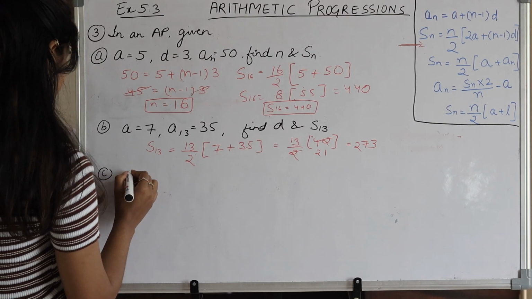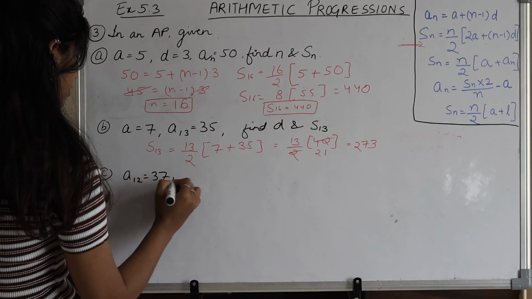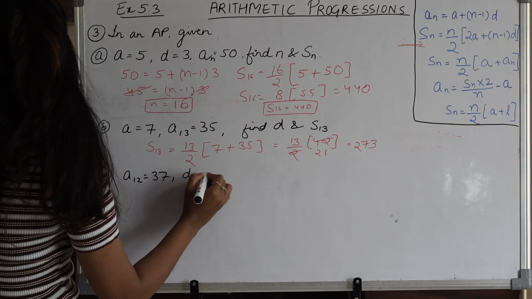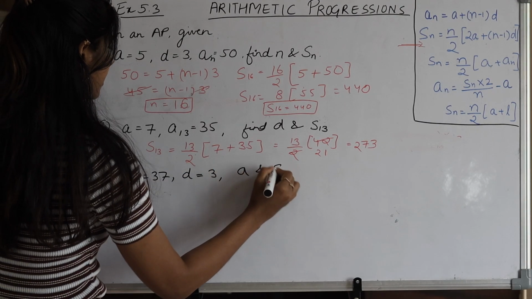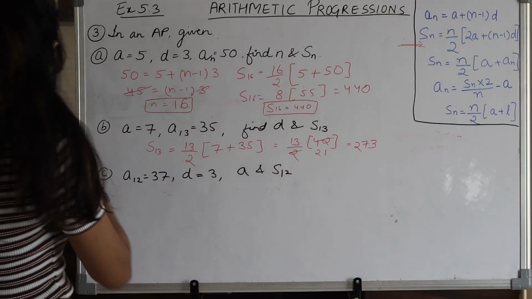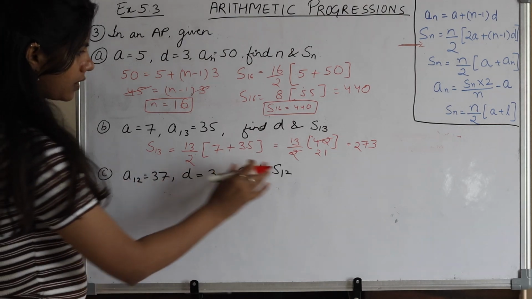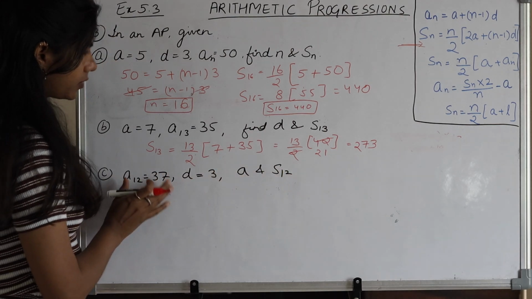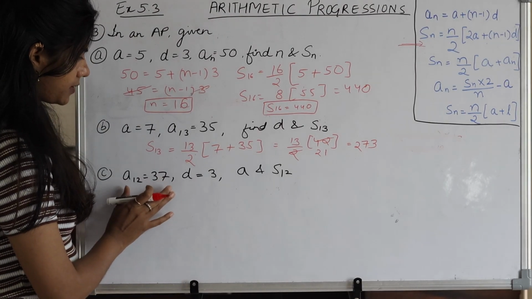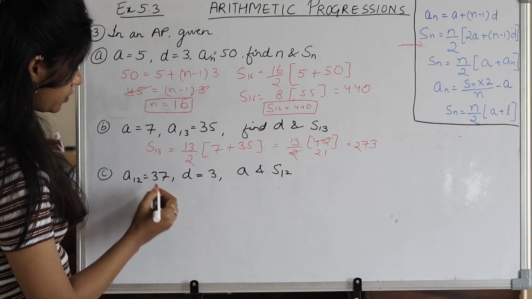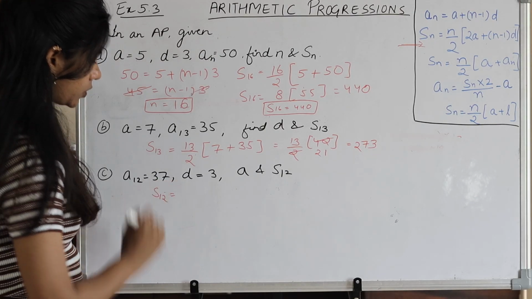Here a12 is given as 37 and d is given as 3. We have to find a and S12. Again, I told you if we already have the value of an, then we can readily use this formula for S12.